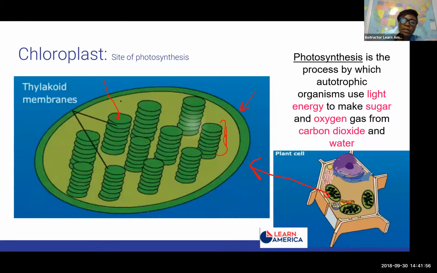And as a result, oxygen will be released, and the hydrogen would end up in the space that we find here around the grana. This space is referred to as the stroma. And it's in this space where the dark reaction takes place. That's where the sugar is made in the plant cell. So the thylakoid is where light is split.